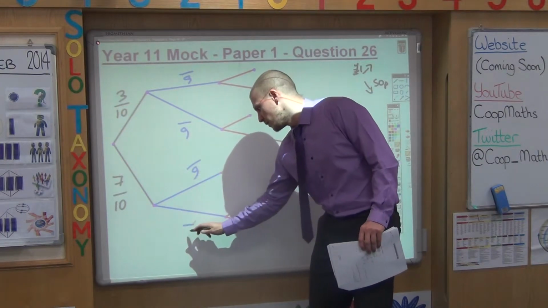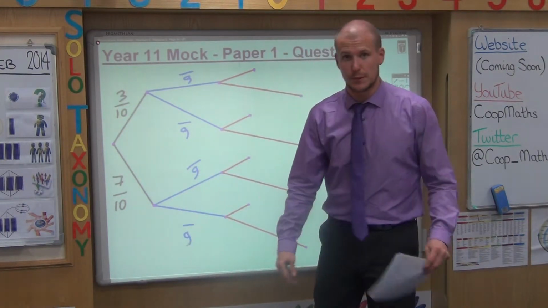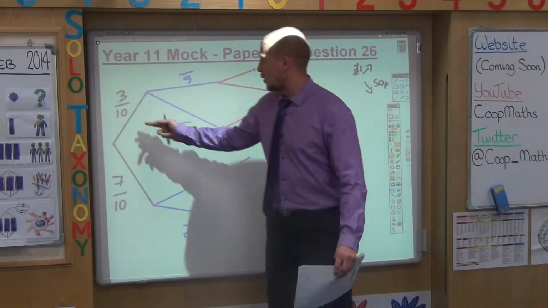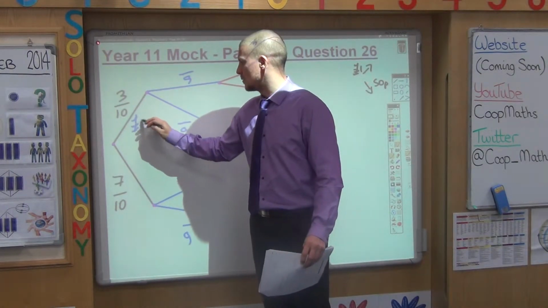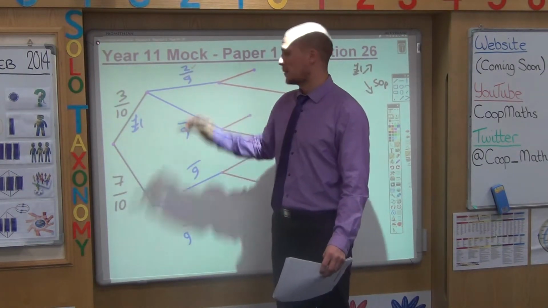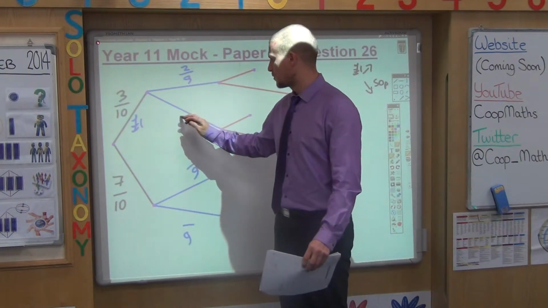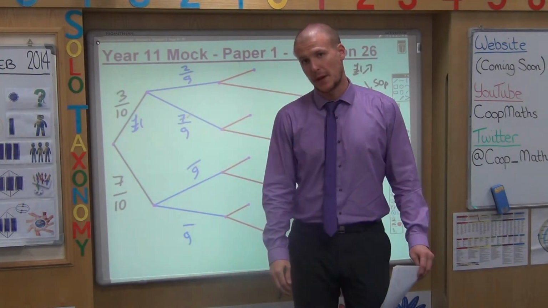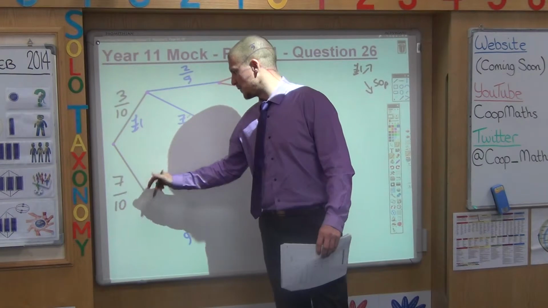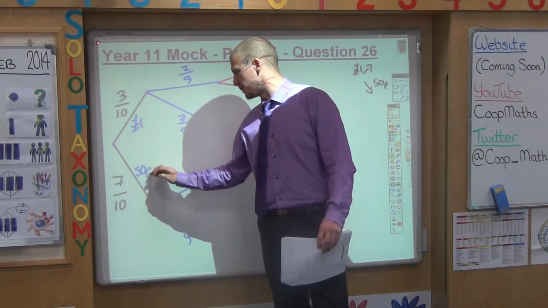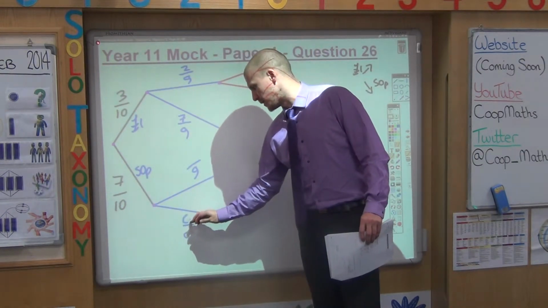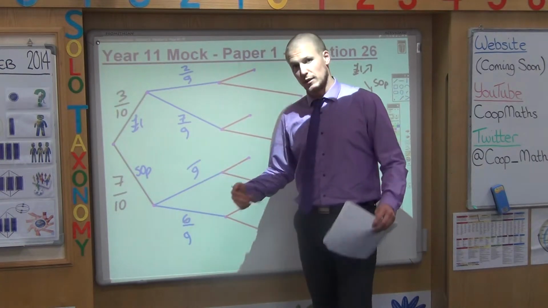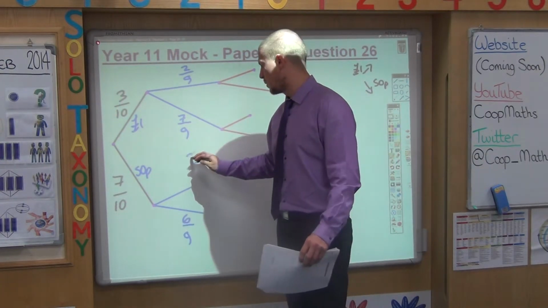Our total is going to be out of 9 for all of these, because there's 1 coin less. We took a £1 coin out here, which means there's only 2 of them left. Alright? Whereas you're still left with all 7 of the 50p pieces. Going down this way, you took out a 50p, so there are only 6 50p pieces left, whereas in total you still have 3 £1 coins.